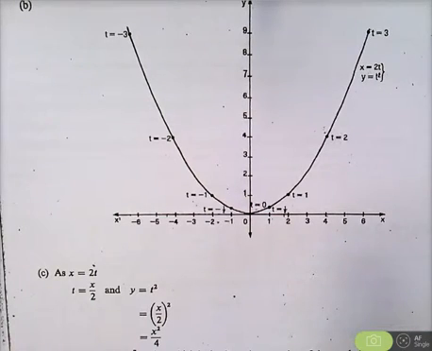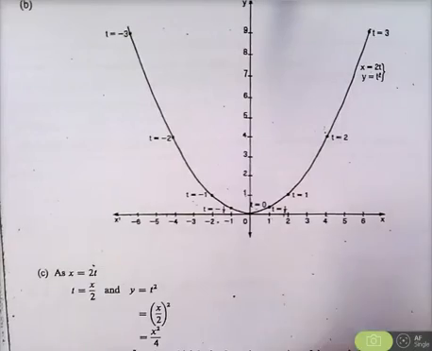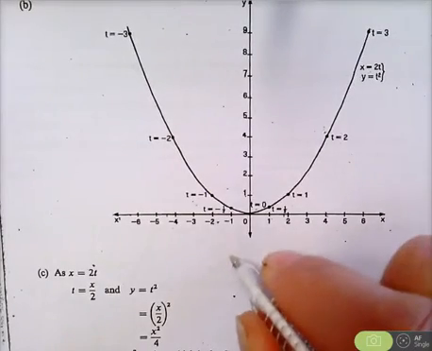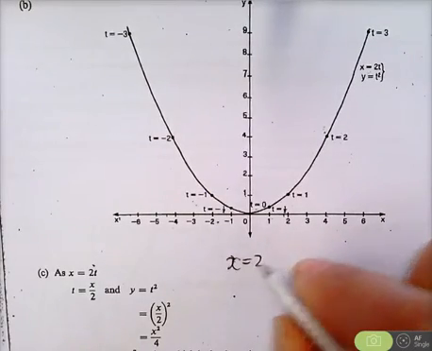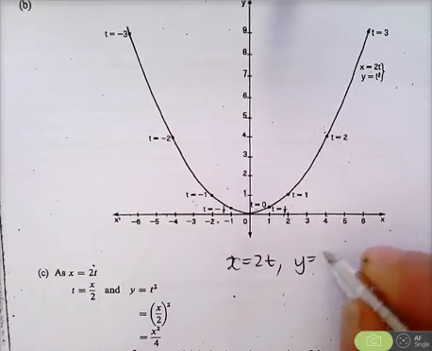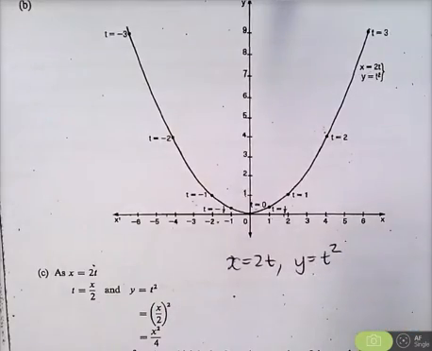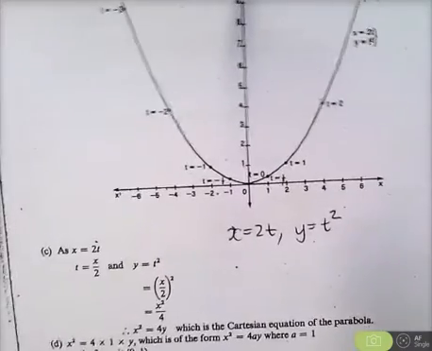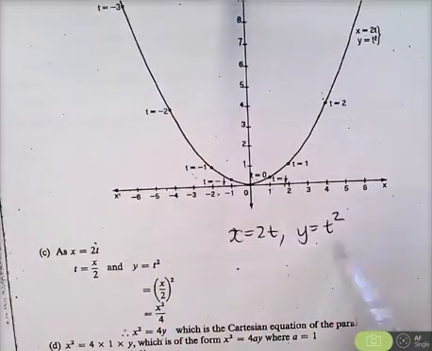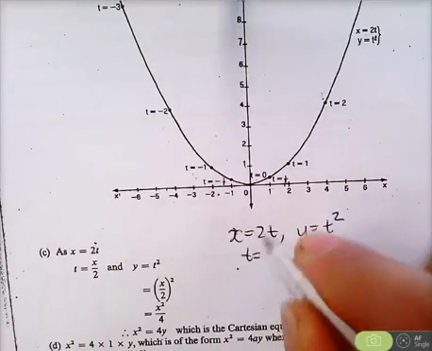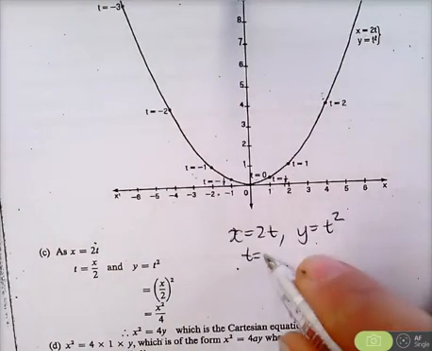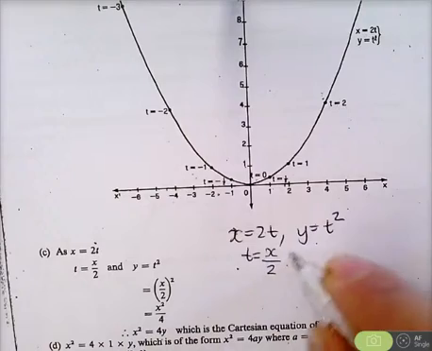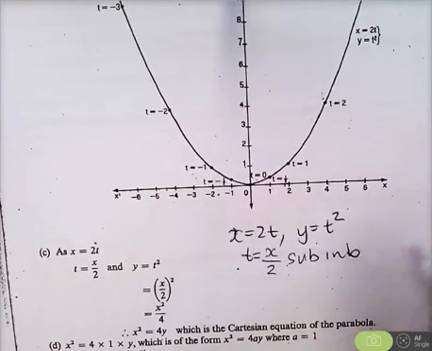Now, you don't have to do it this way. You know what I could have just done? This is what I could have just done here. You know how we know that x is 2t, y is t squared? You don't have to do that table. You'll never do it again. What you would do is, x is 2t, y is t squared. Make t the subject of this first one. So what's t? x on 2, and sub into y.